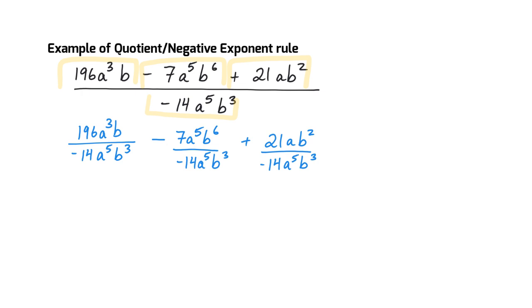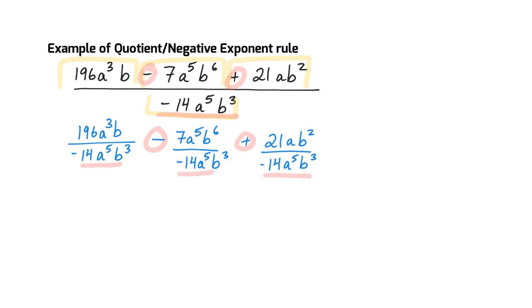So each of my numerators is a term from the top. The symbols in between my fractions are that of the symbols from the top, and whatever is in my denominator is the same for all 3.